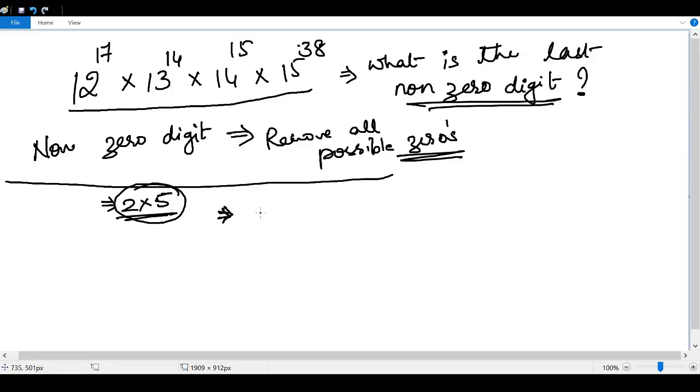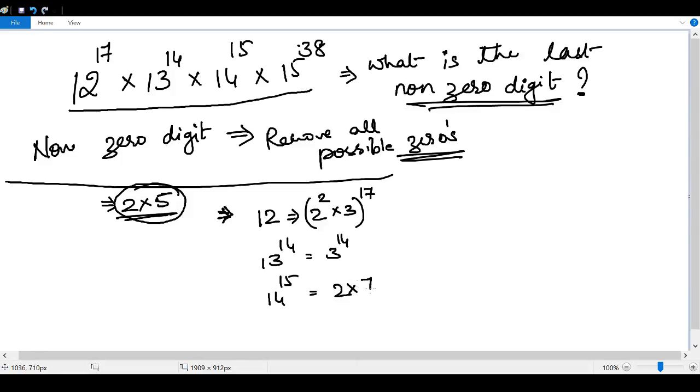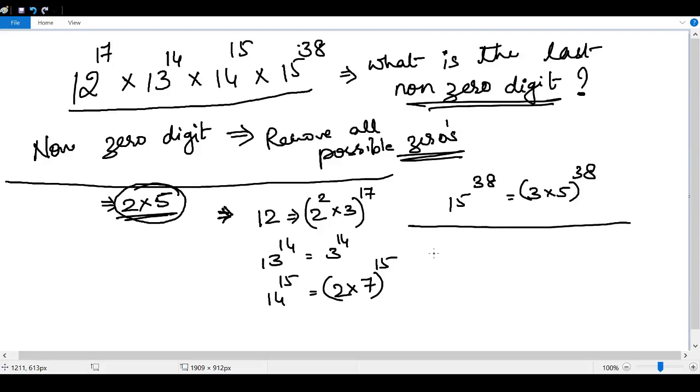Typically, 12 is nothing but 2 square into 3. So 12 power 17 is 2 square into 3 power 17. 13 power 14 is 13 power 14, no 2s there. 14 power 15 is 2 into 7 power 15. And 15 power 38 is 3 into 5 to the power 38. You have 34 2s here, since 2 17s are 34.